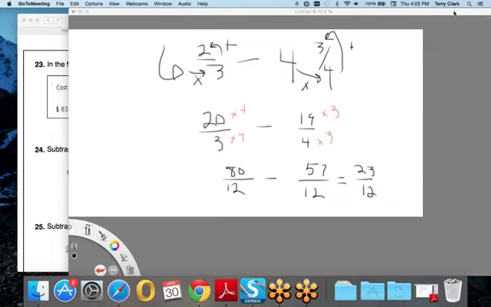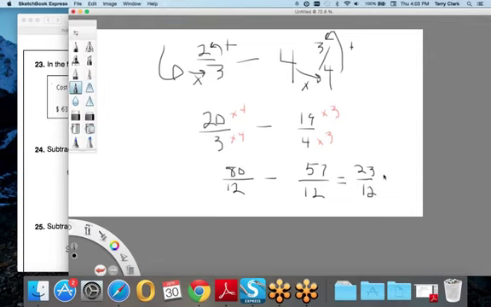Okay, from there we can take 23 divided by 12, we'll come up with 2. No, we won't come up with 2. We'll come up with 1, because 2 times 12 is 24. So we'll come up with 1, and take out the 12 and we'll have 11 left over. So our final answer will be 1 11/12.